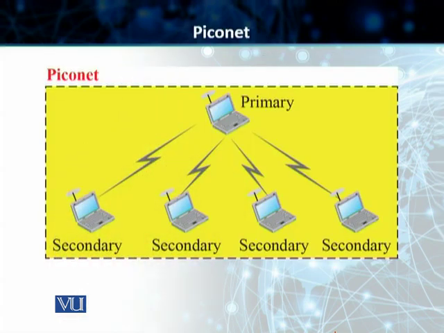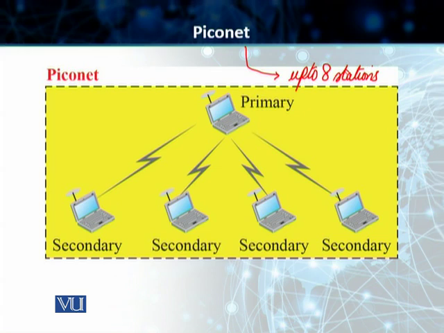Students, as you can see on the slide, the first type of the Bluetooth network is called a Piconet or a small net. And students, in this case, we can have up to 8 stations. So in a Piconet, we can have up to 8 stations in this small network.